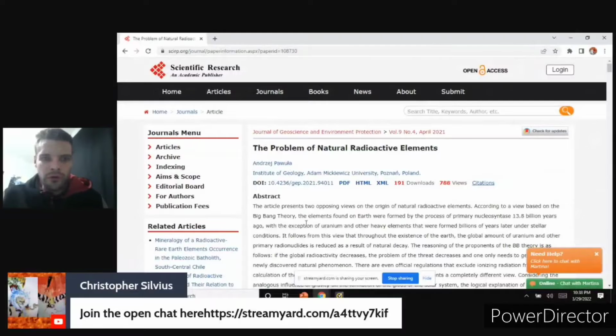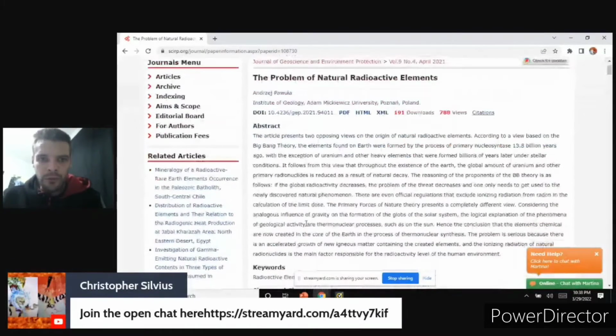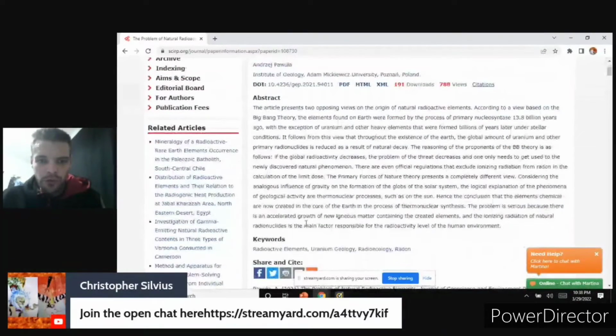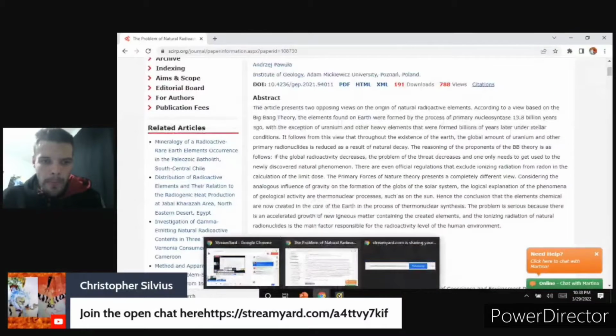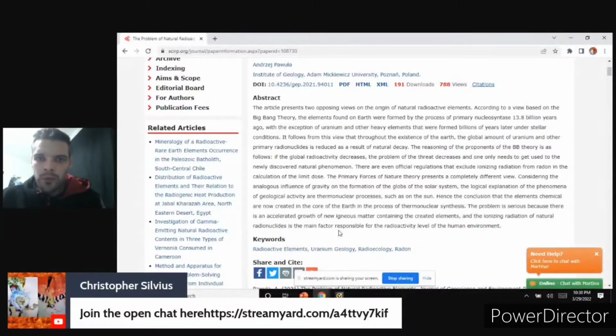According to this article from the Journal of Geoscience and Environmental Protection, April 2021, the article presents two opposing views on the origin of natural radioactive elements.